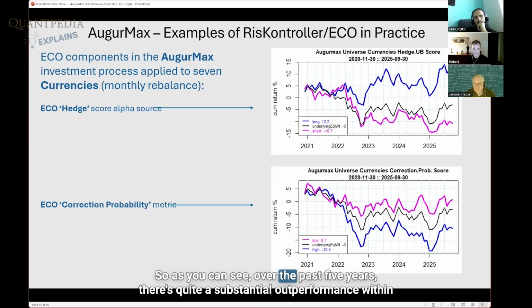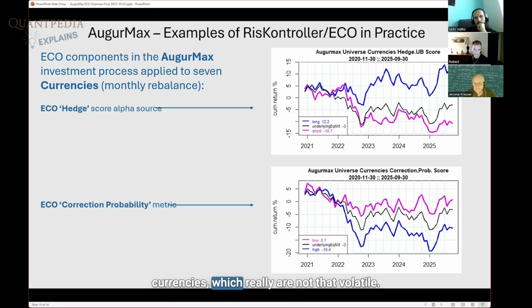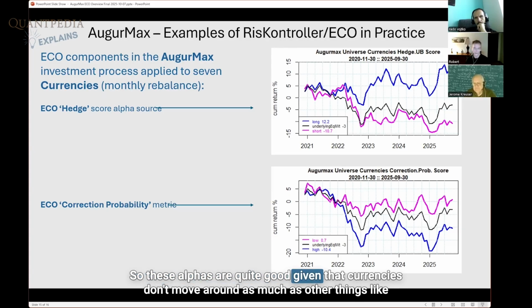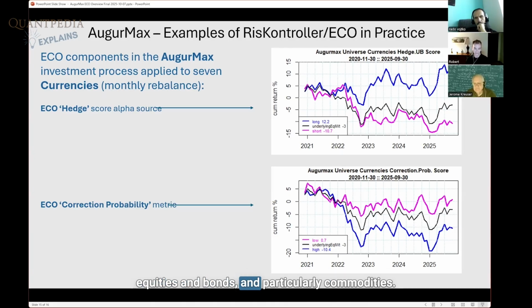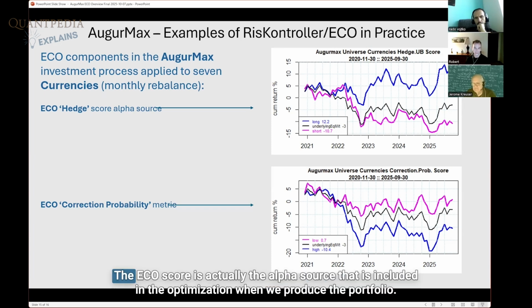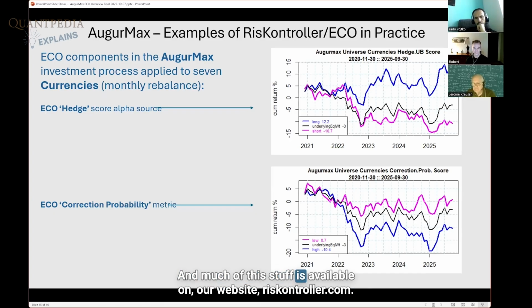As you can see, over the past 5 years, there's quite a substantial outperformance within currencies, which really are not that volatile. So these alphas are quite good, given that currencies don't move around as much as other things like equities and bonds, and particularly commodities. There's a lot more work to do on this. The Echo score is actually the alpha source that is included in the optimization when we produce the portfolio. And much of this stuff is available on our website, riskcontroller.com.